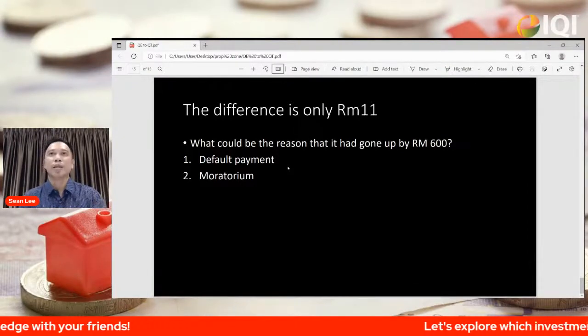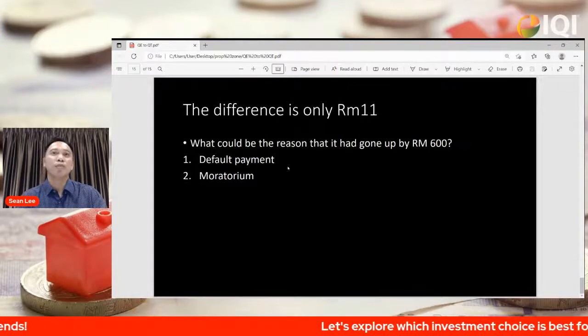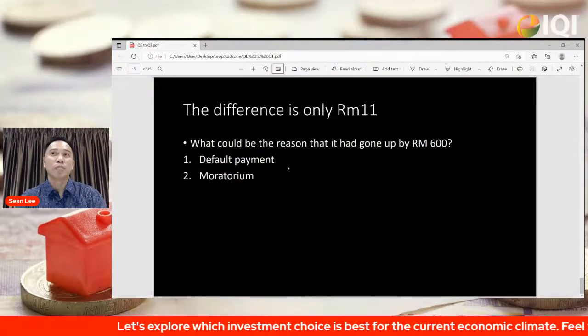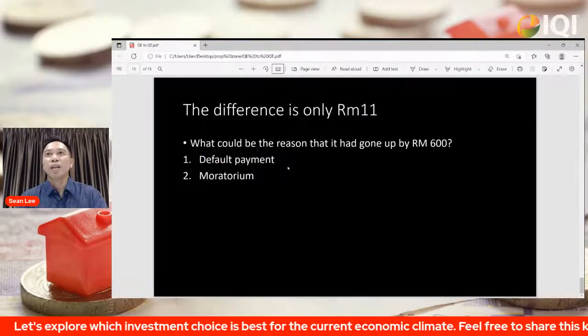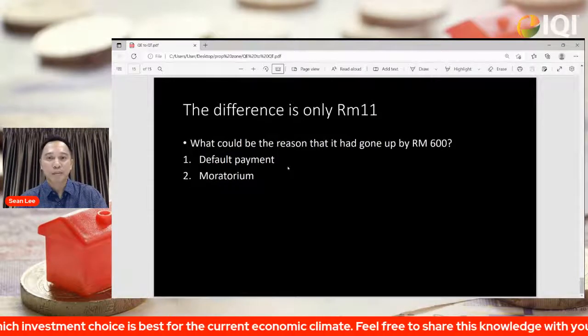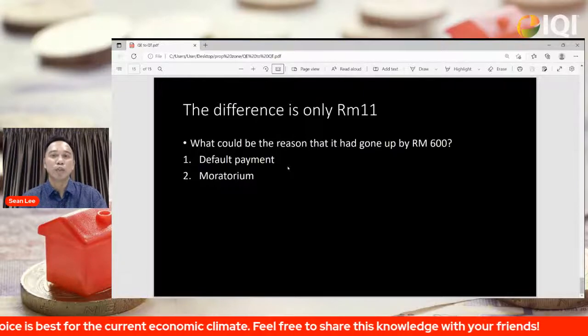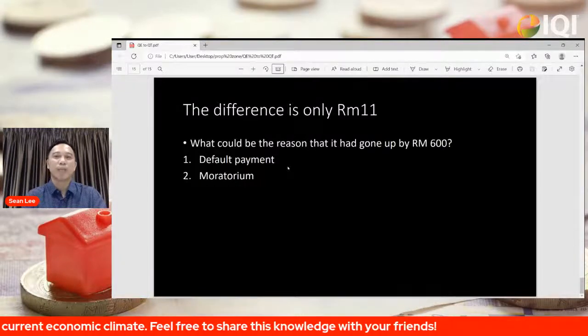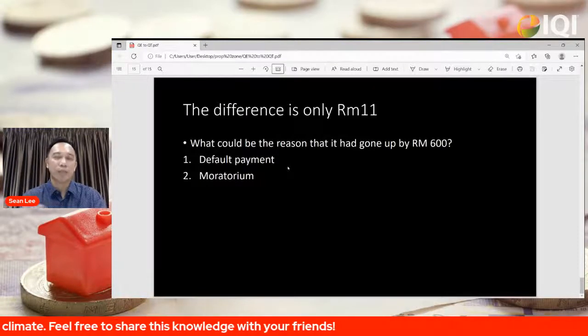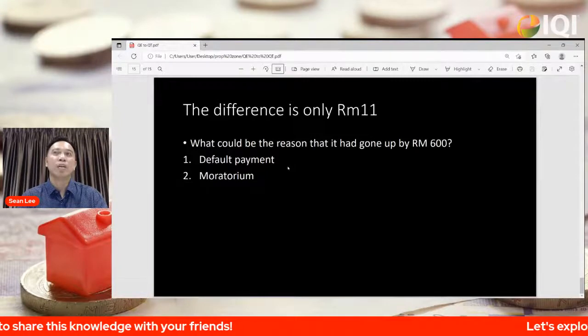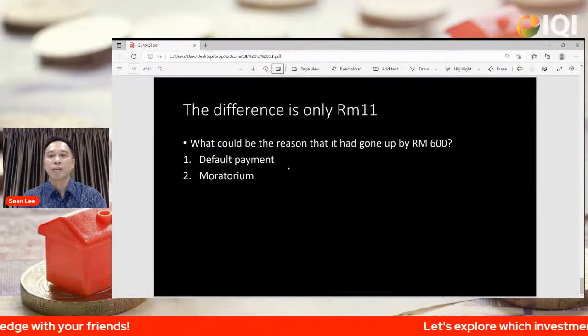Take an example. If you have a 500,000 loan with 25 years remaining tenure, any increase of 0.25% will only increase your loan installment by about 71 ringgit. Okay, 71 ringgit for every 500,000, 25-year loan.